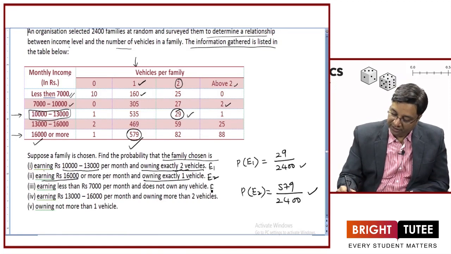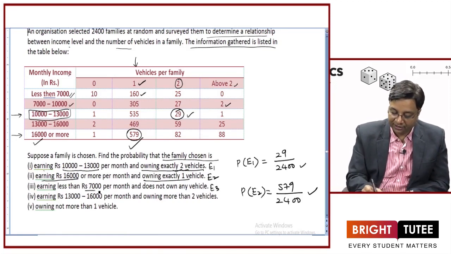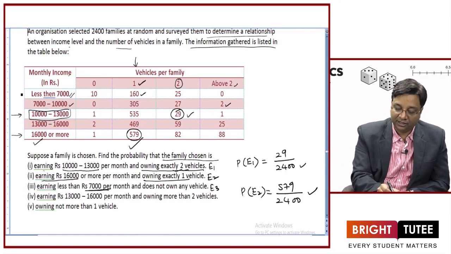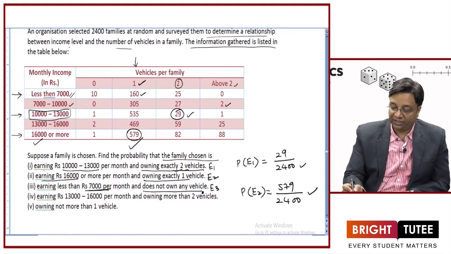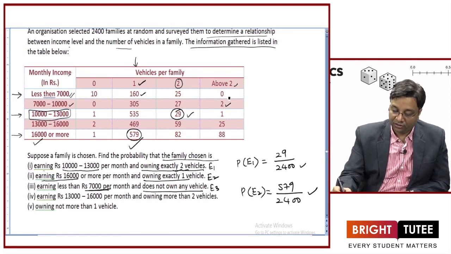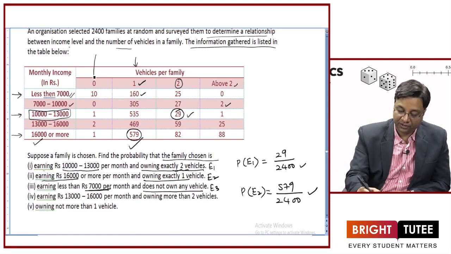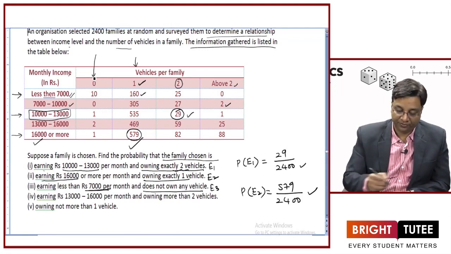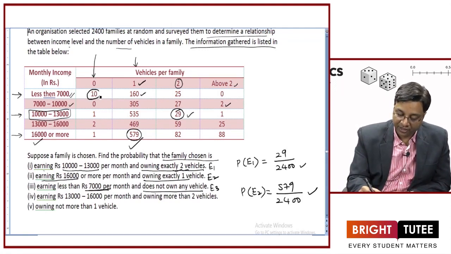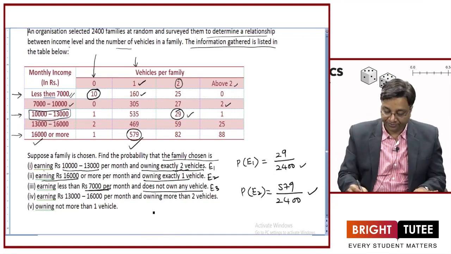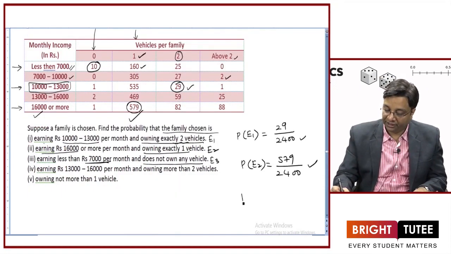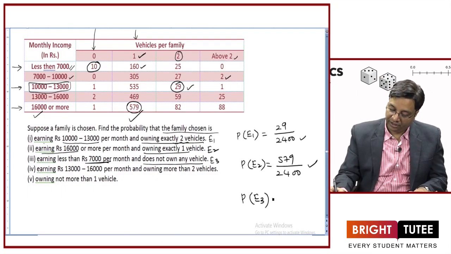Let it be event 3, earning less than 7,000 per month. So this is the row that we will be looking into, and does not own any vehicle. So does not own any vehicle means 0 vehicles, that is this column. So these are the families who earn less than 7,000 and own 0 vehicles. Okay, so P(E3) will be equal to 10 divided by 2400.